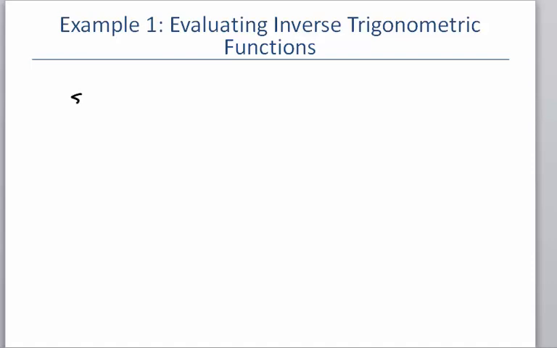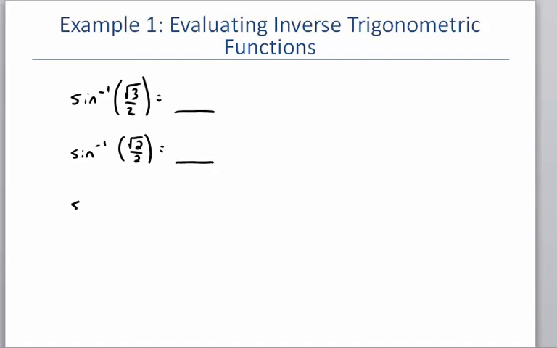All right, so let's say that we have sine inverse of square root of 3 over 2. Let's say we have sine inverse of square root of 2 over 2. And let's say we have sine inverse of negative 1/2.